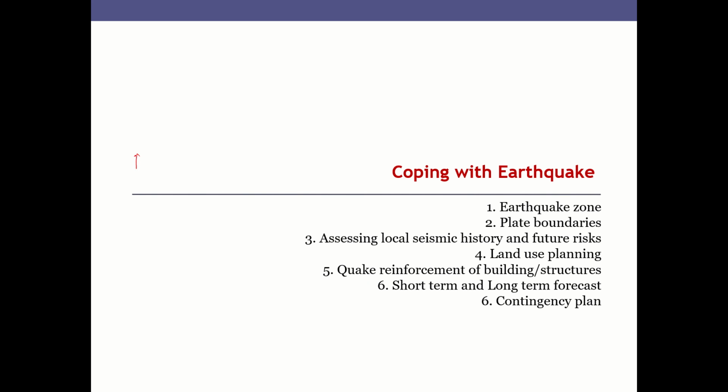Using that, there is an anticipated earthquake in the Himalayan belt, and that too very severe. 8 is not a small number, a very devastating number is anticipated. So that is forecasting. Forecasting is also one way of coping with the earthquake.